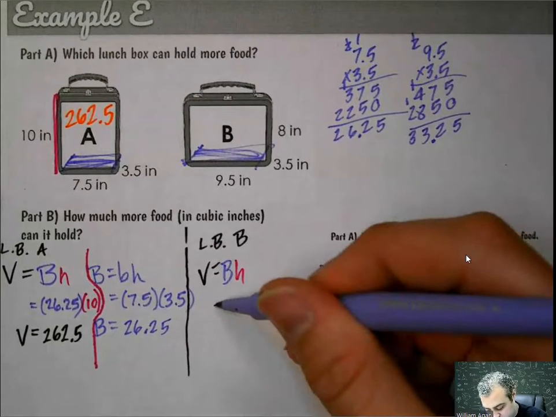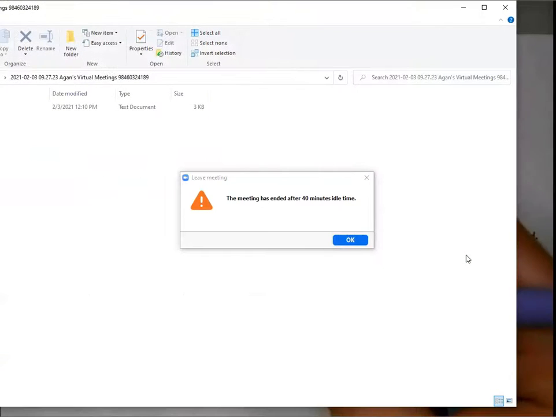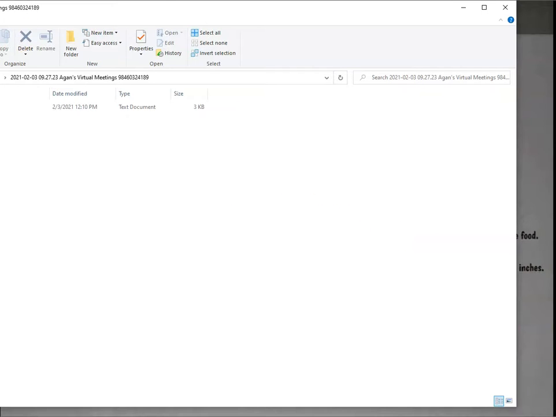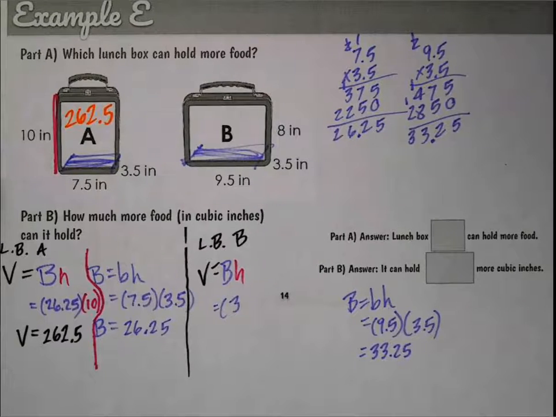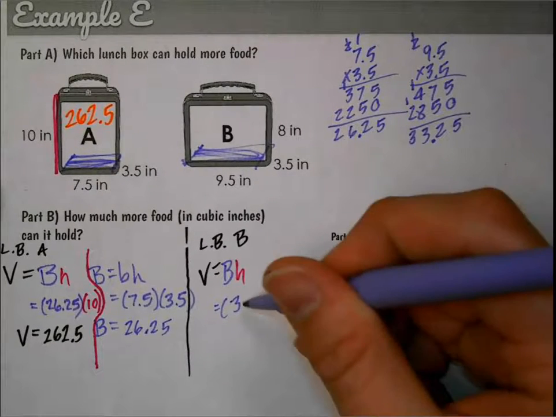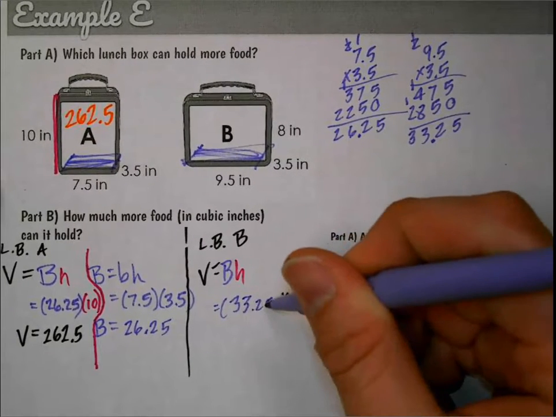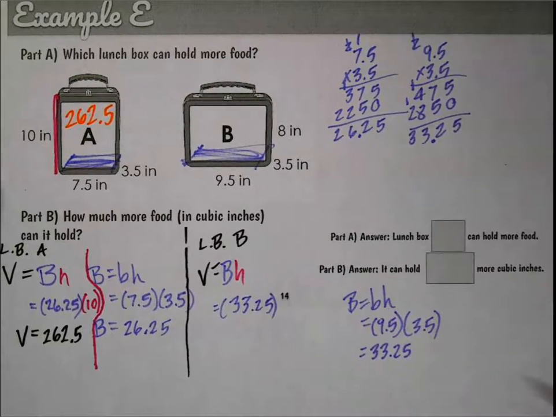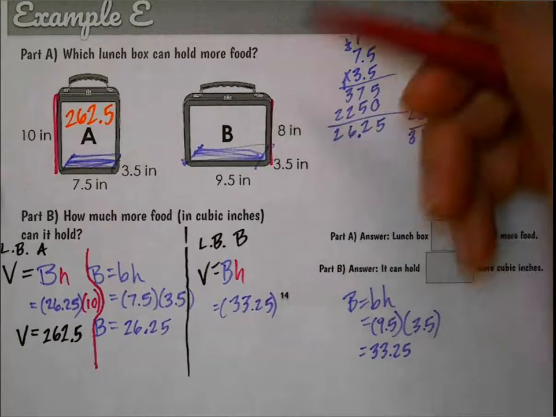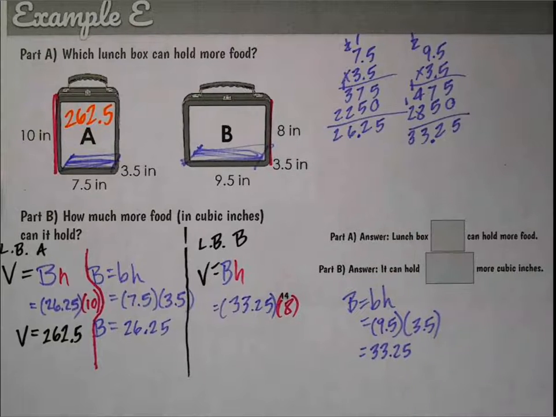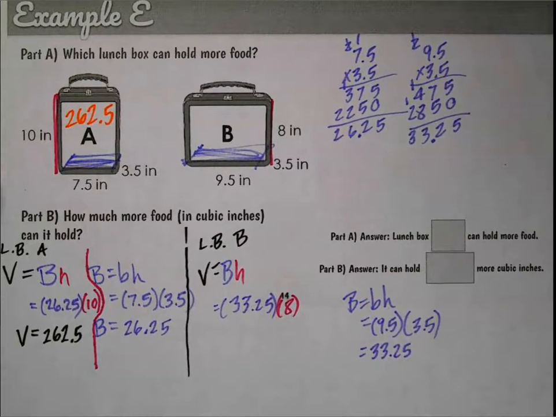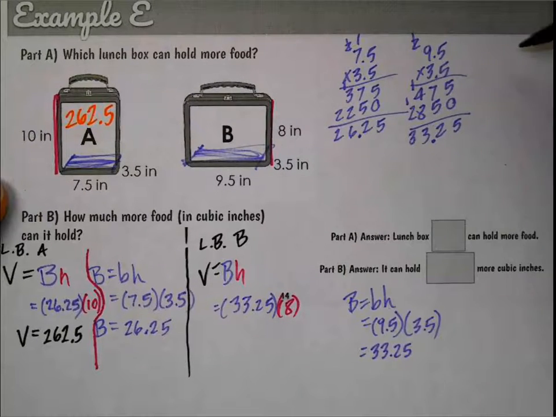Now that comes over here. That's where big B is. Sorry about that. Okay. 33.25 times the height, which is 8. Oh, that would have been nice if it was 10 too, but nope, didn't get that lucky. Okay, so now I need to do that multiplication.